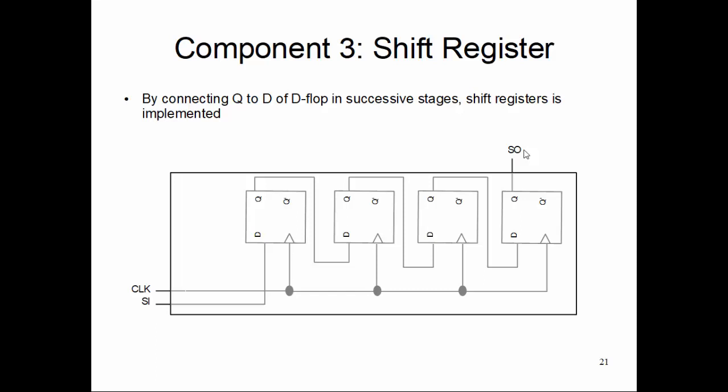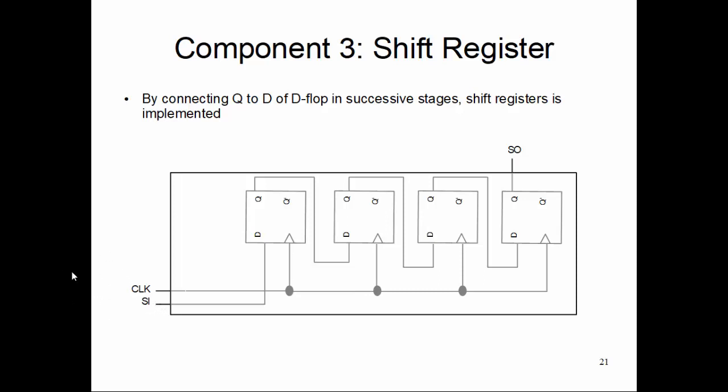So the function is this: as the clock keeps on toggling 0 and 1, and let's say per clock cycle one new bit is coming into the SI, some other driver or device is actually sending some bit pattern into it.